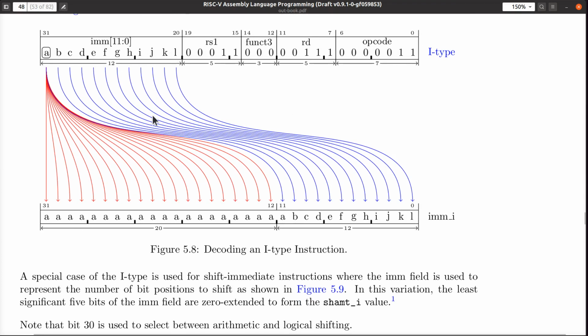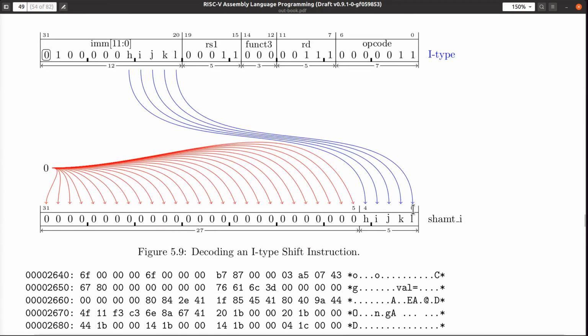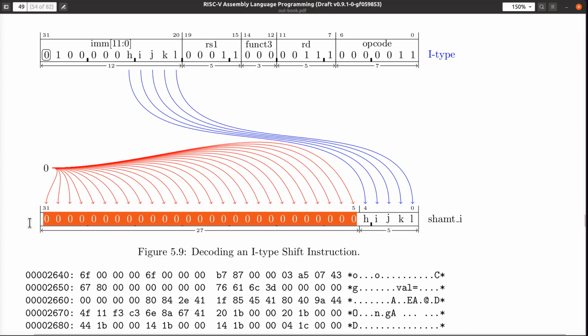If you shift this whole thing over to the right and you sign extend it like this, and you use this in a shift instruction, ultimately the shift operation only uses these bits right here, H, I, J, K, and L, as I've drawn them here. Look at this diagram down here. H, I, J, K, L get moved down here. And all the rest of these bits I set to 0.